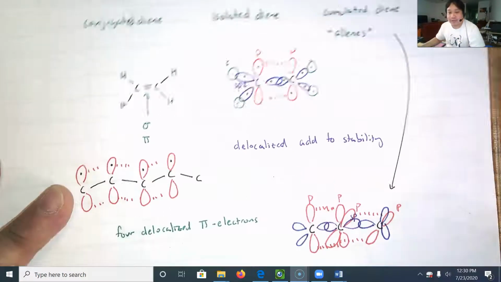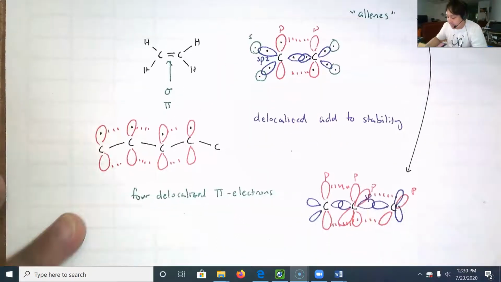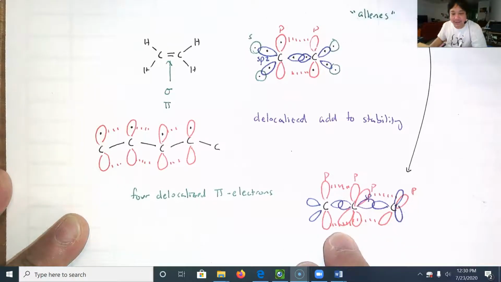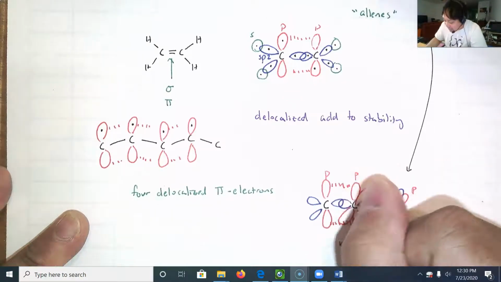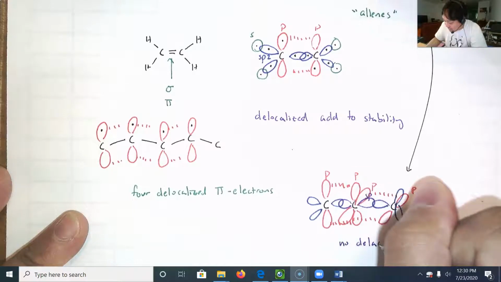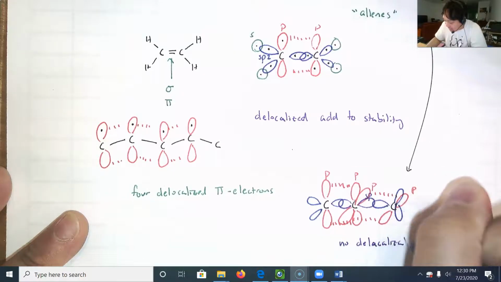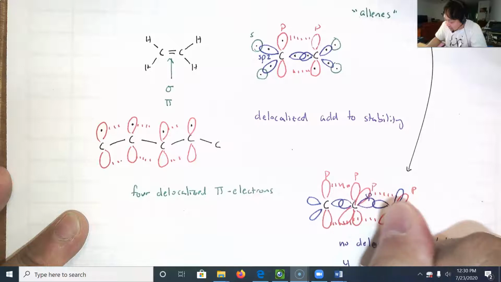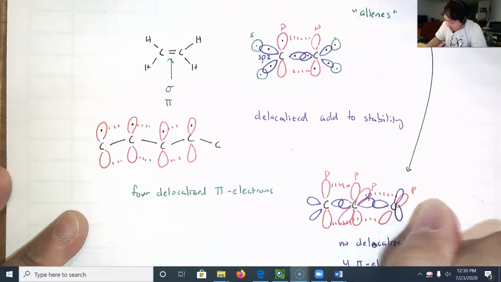There's some good pictures on the internet showing this, but basically, your pi electrons are still isolated from each other. There is no delocalization. Delocalization, okay, of the 4 pi electrons.